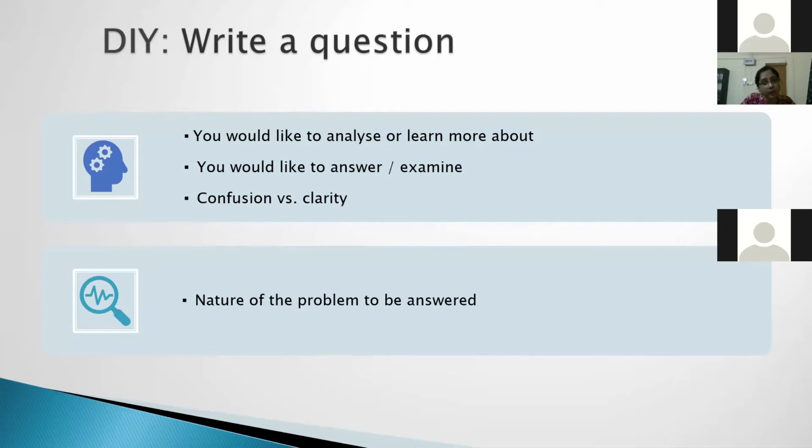It could be in development economics, it could be in monetary economics, it could be in banking, it could be in anything that you want, right? Or for those of you who may be from younger classes, your micro, macroeconomics, etc., right? So anything that you want to know more about, just take 2 minutes, write that down.